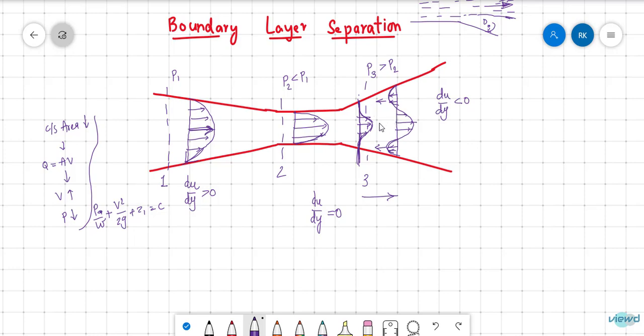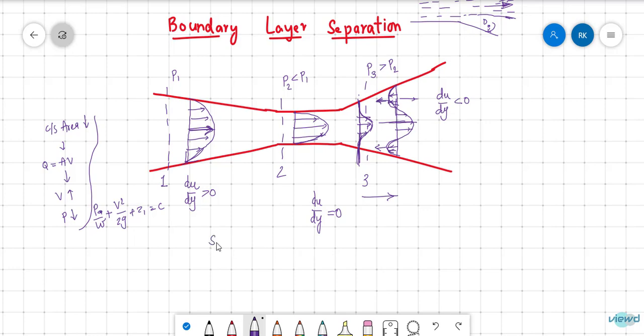So as the y distance is increasing, the velocity is going to the negative side. Here this is the positive side, this is the negative side. So the velocity with the increase in y is changing to the negative side. So this du by dy is less than 0.